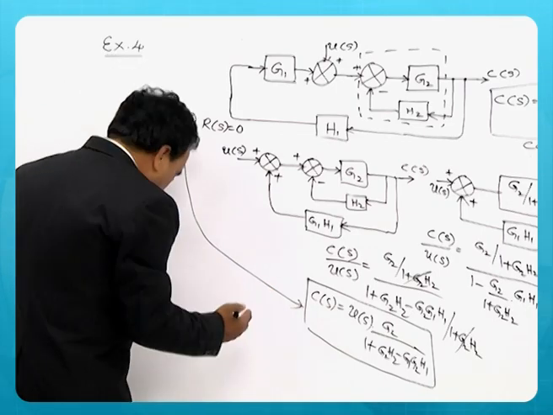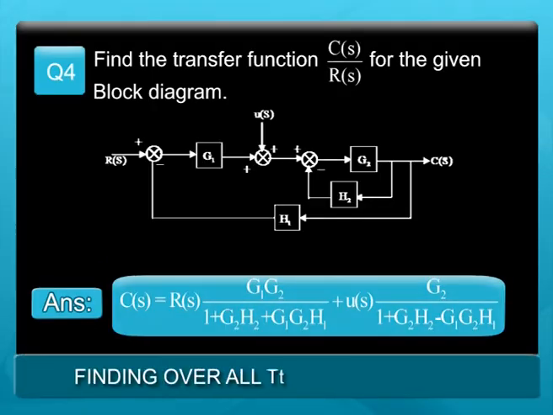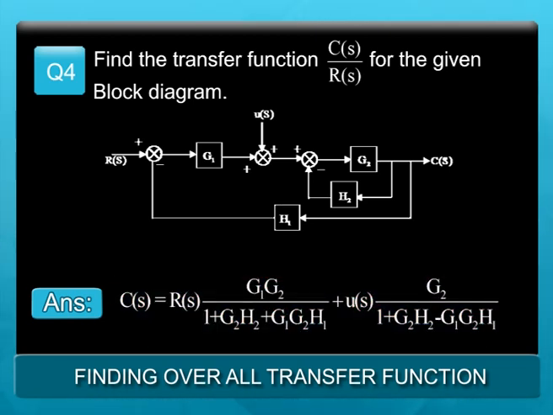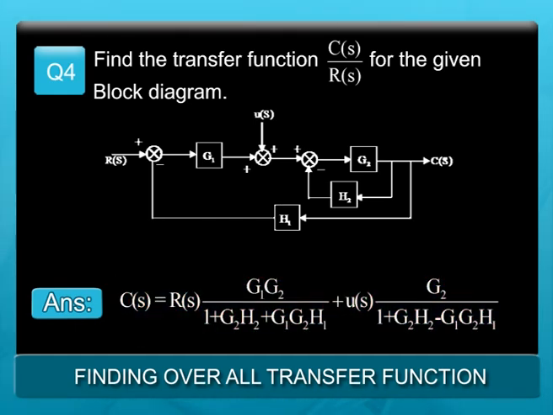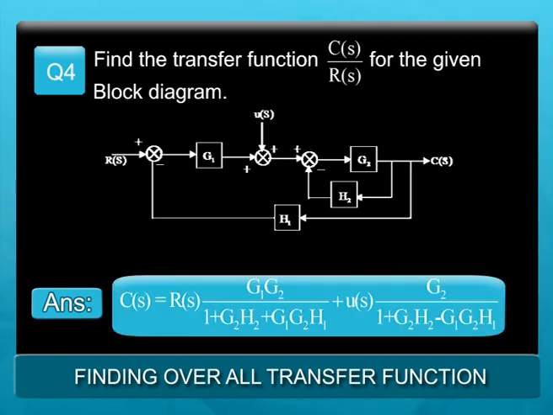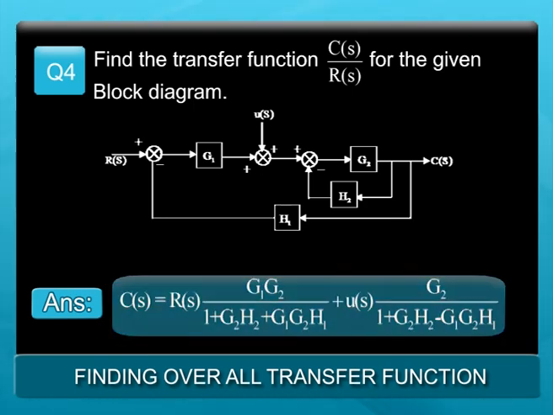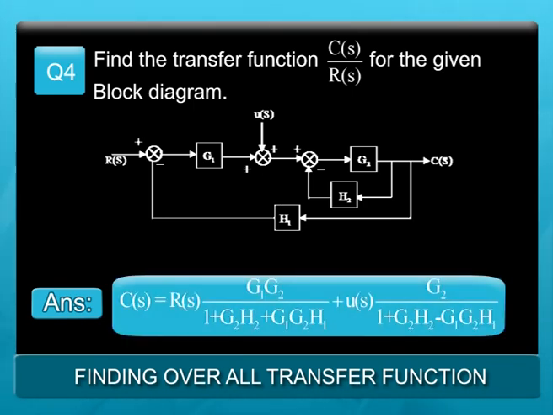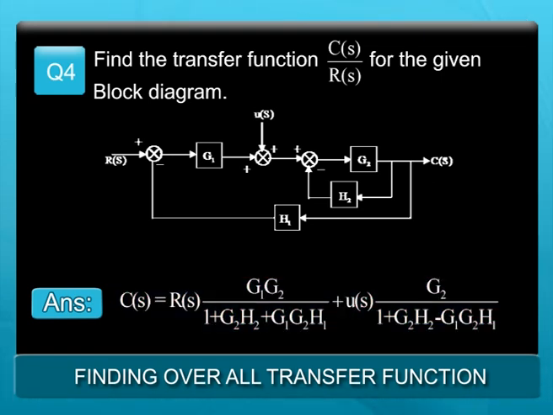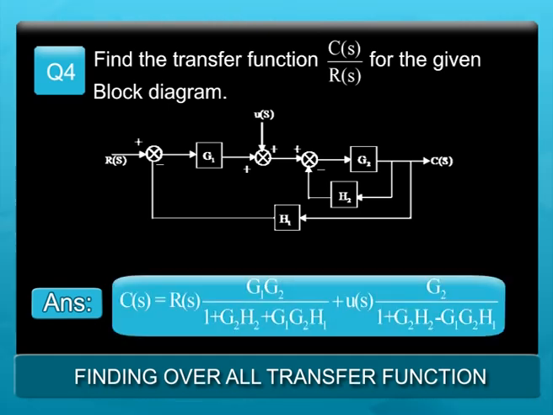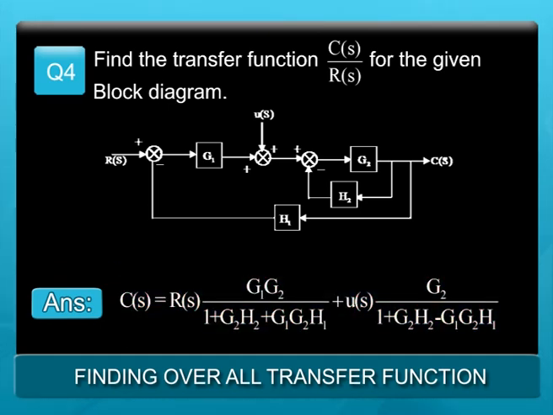So the response will be C of s is equal to R of s into that block G1 G2 by 1 plus G2 H2 plus G1 G2 H1, plus u of s, this term you need to put G2 by 1 plus G2 H2 minus G1 G2 H1.